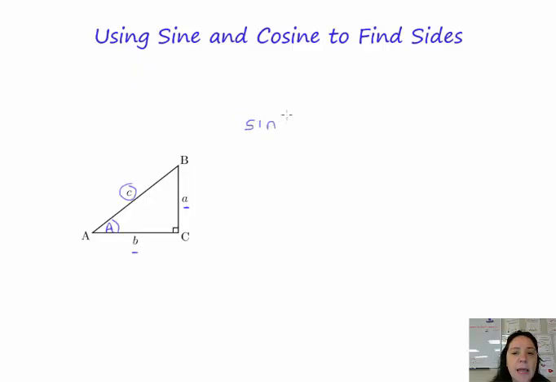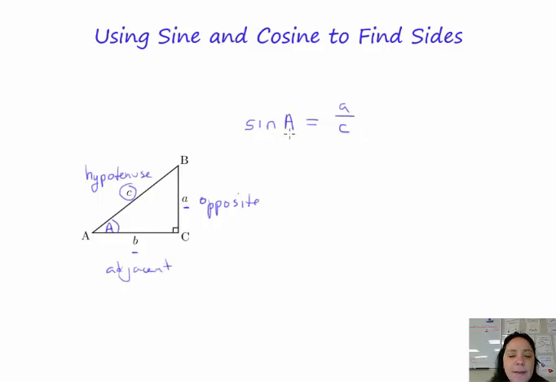I know that sine A is equal to the length of side A over the length of side C, the opposite over the hypotenuse. So here's my hypotenuse, here's my side opposite, and again here's my side adjacent for completeness.